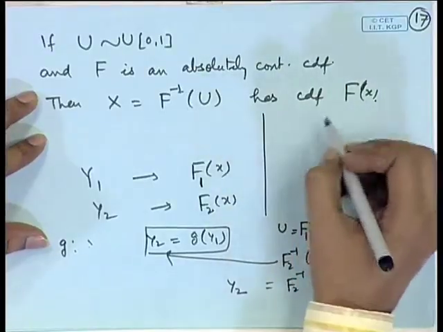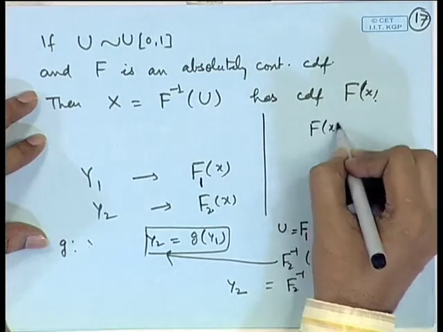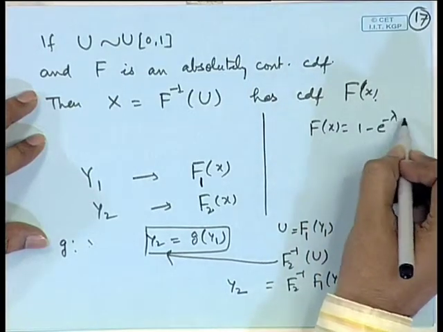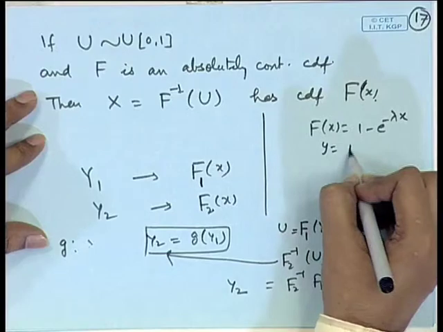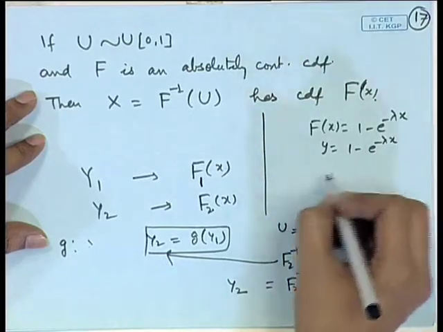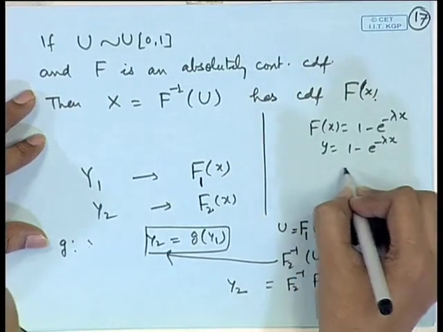Now, if we are having the exponential distribution, so the CDF of that is known, that is capital F is known. So, we take F inverse of that. So, suppose I consider F of x is equal to 1 minus e to the power minus lambda x. So, if y is equal to 1 minus e to the power minus lambda x, the inverse function can be obtained.